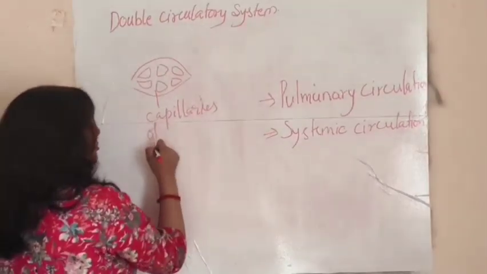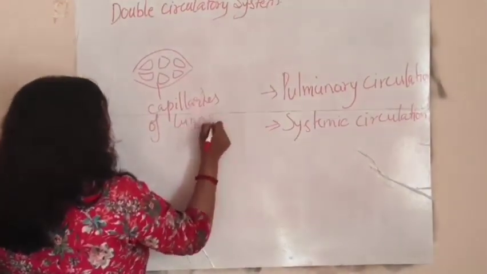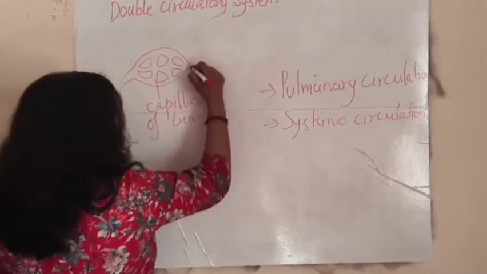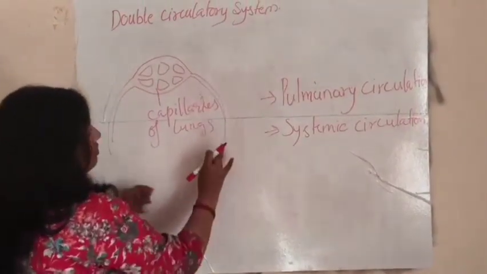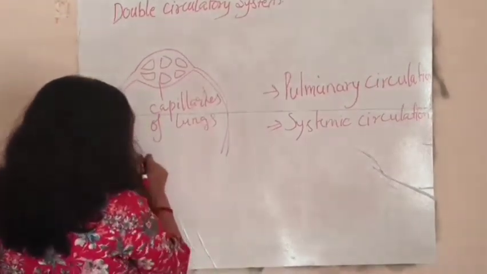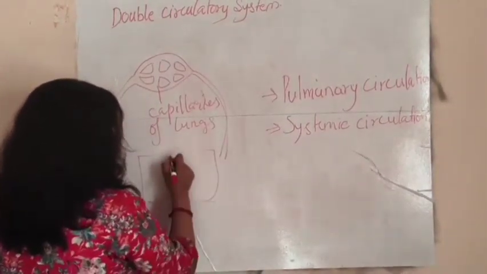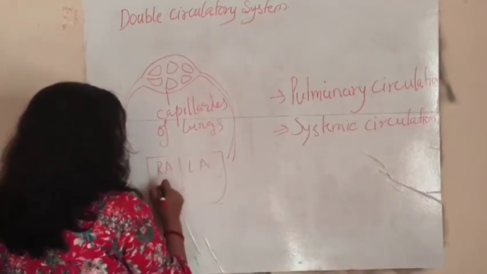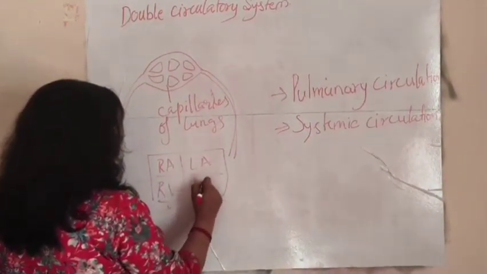So capillaries of lungs. Now we know that the blood is coming oxygenated to the left hand side of the heart. This being our heart of 4 chambers: the right atrium, the left atrium, the right ventricle and the left ventricle.